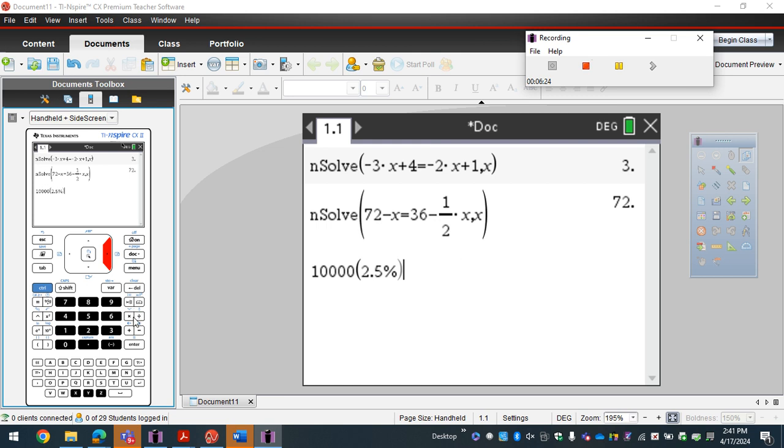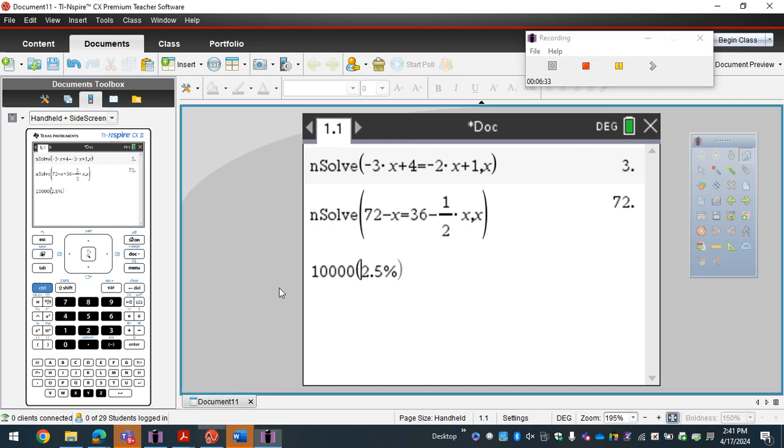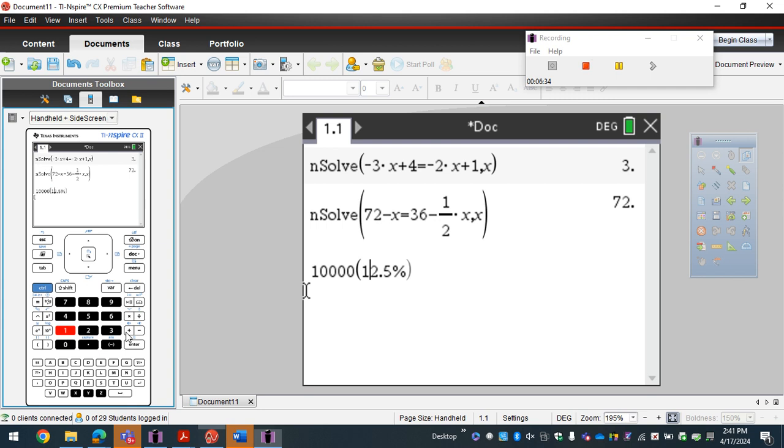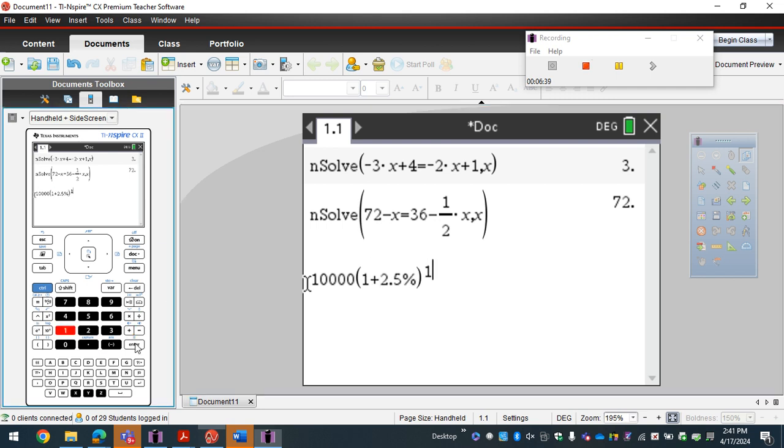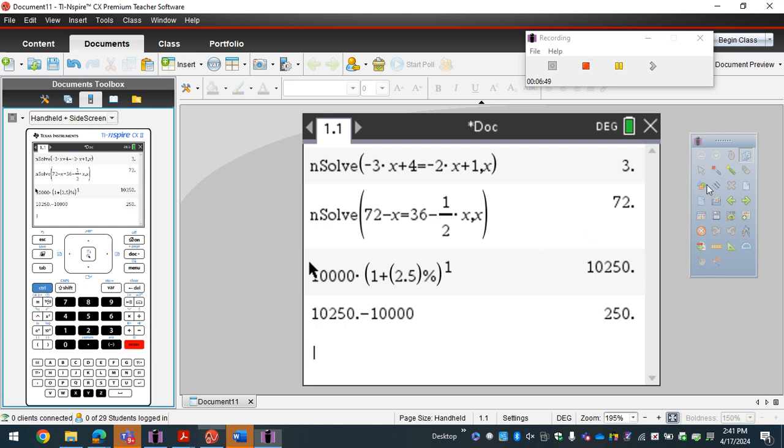It's compounded annually, so it's 1 plus 2.5%, and then raised to the first power. That's my total, my all together.